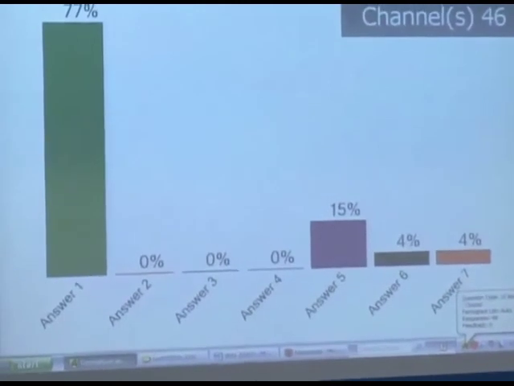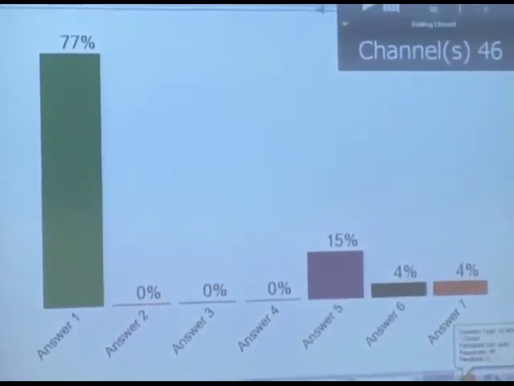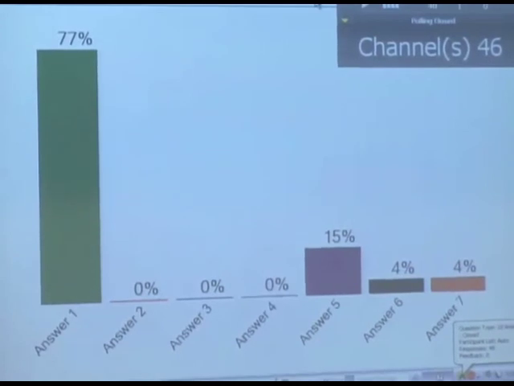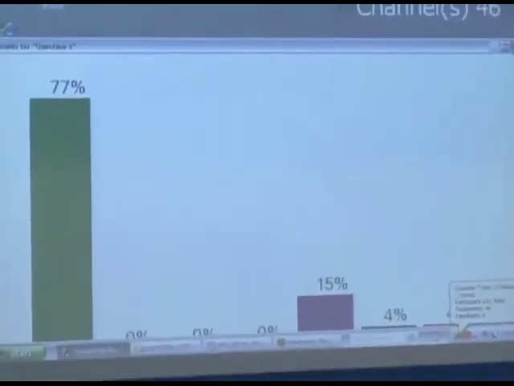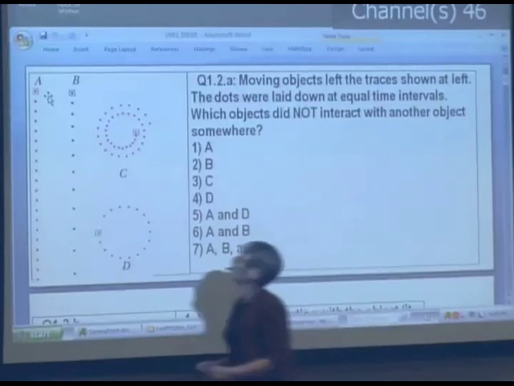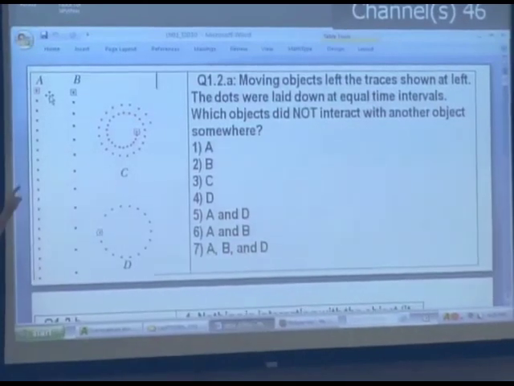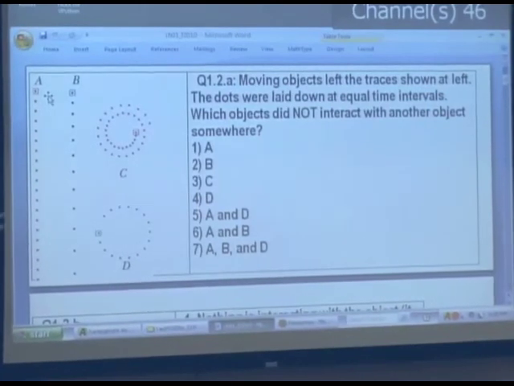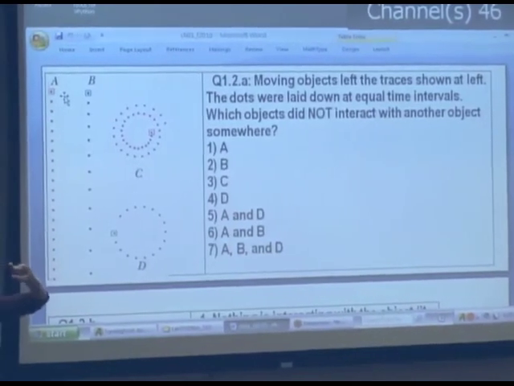And the most popular answer is 1, but there's also 5 is semi-popular, and then 6 and 7. So let's see what those answers were. Okay, A is 1, and you probably concluded that it didn't interact with anything because the space in between the dots is constant, meaning that it was going at constant speed, and the direction didn't change, so that's correct.